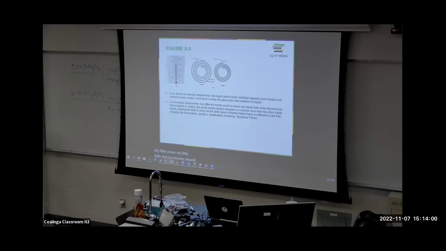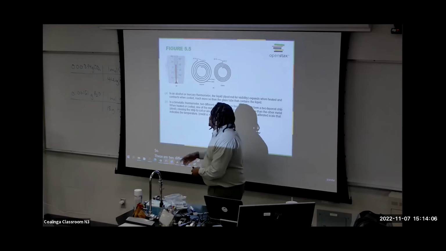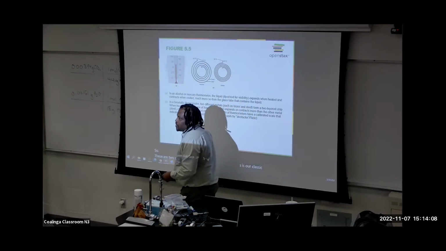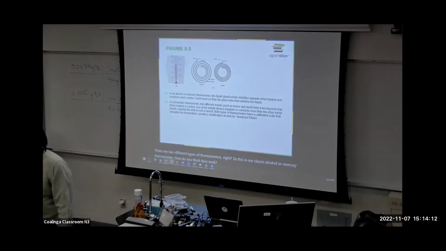Okay, so these are two different types of thermometers, right? This is our classic alcohol or mercury thermometer. How do you think they work? Since you guys know about molecules, and you just told me what happens when things heat up: they move faster, right?